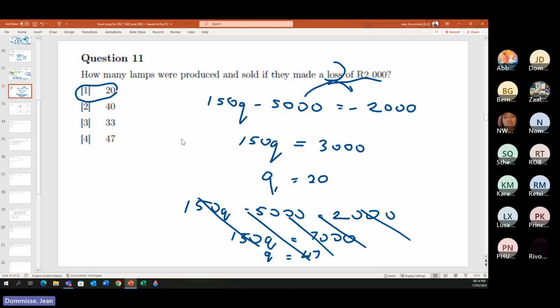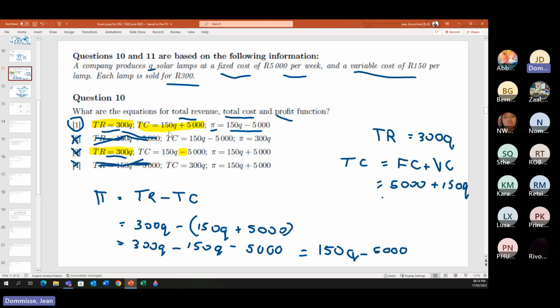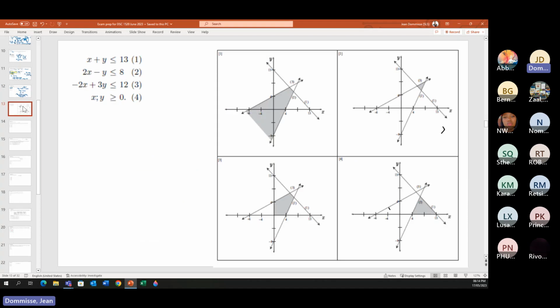Going from total revenue, total cost and profit into linear equations or linear programming.